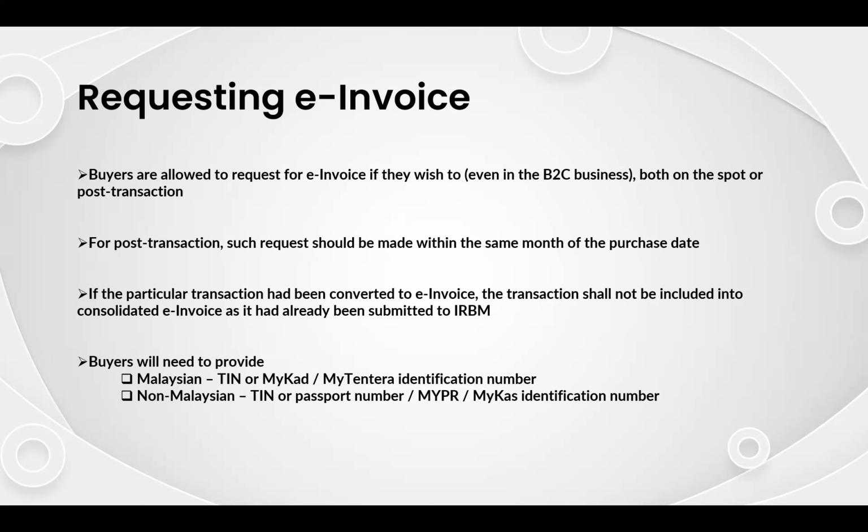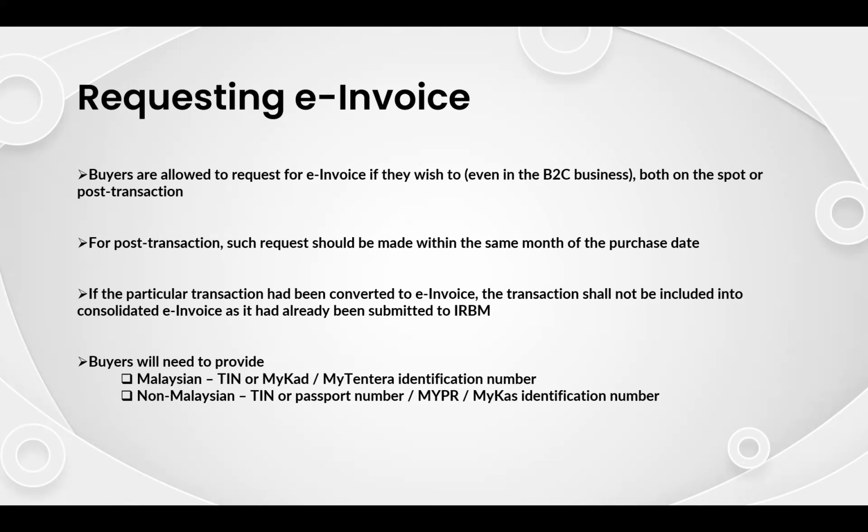Yes, they can. Okay, but you must go back in the same month. Let's say a June transaction, go back in the same month. You don't go back in July. If you go back in July, they already submitted the consolidated e-invoice, so they cannot change it for you.